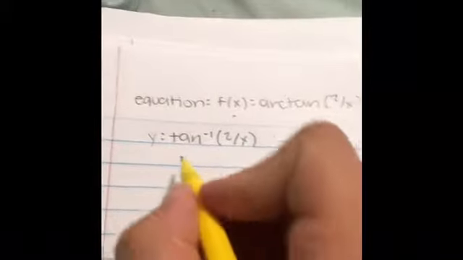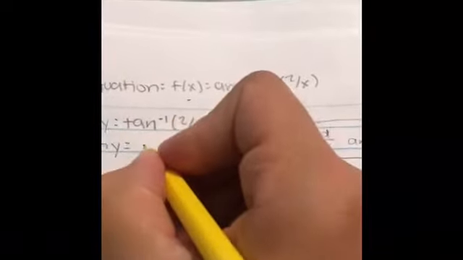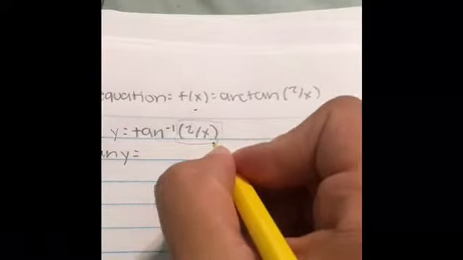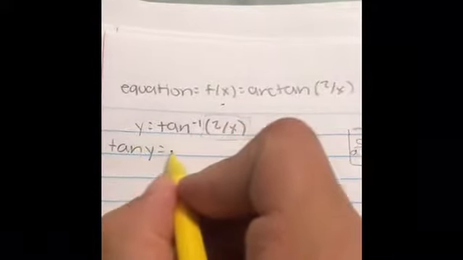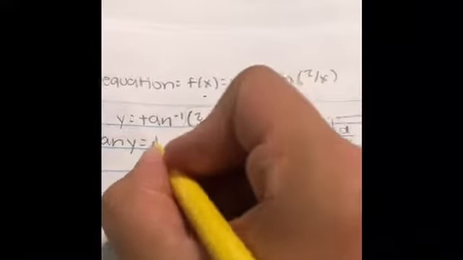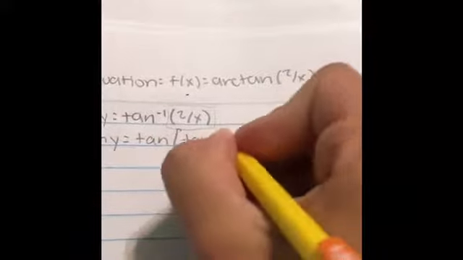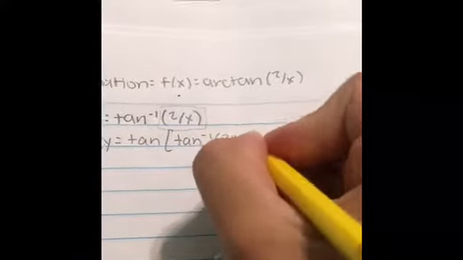So first, we're going to multiply each side times tangent. And that's because we want to get this, our x, all by itself. So we have tangent times y, and then tangent times the inverse of tangent times 2 over x.